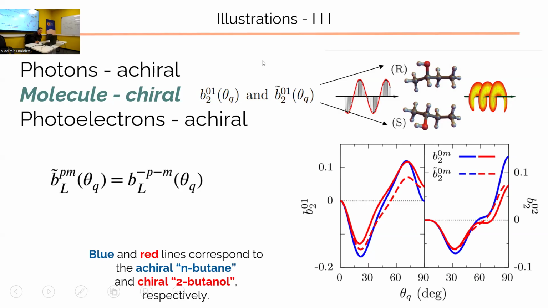But in our picture, when we consider vortex photoelectrons, we don't actually need chiral light. We don't need polarized light. You need a chiral detector. Yes. Okay. So the role of a chiral probe moves from the photons to the detector.